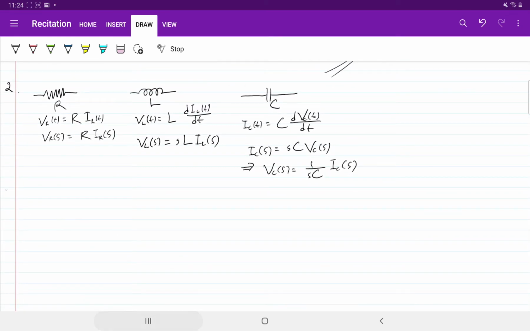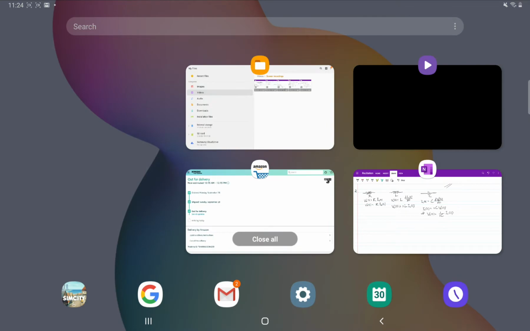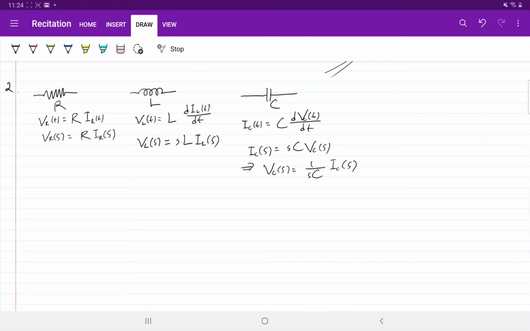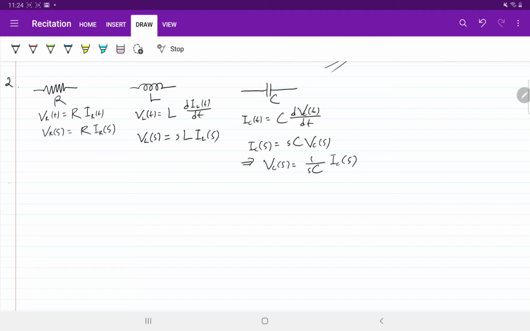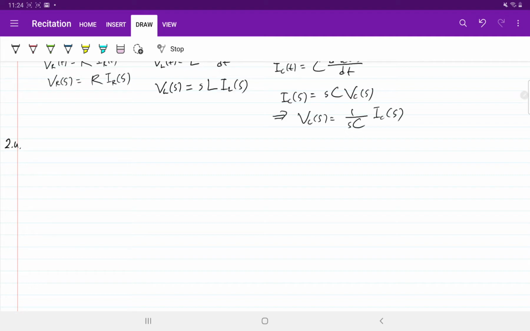Sorry about that. So I will give you the first example. Now suppose that we have the following circuit. We have a DC power source, we have an inductor, a capacitor and a resistor.